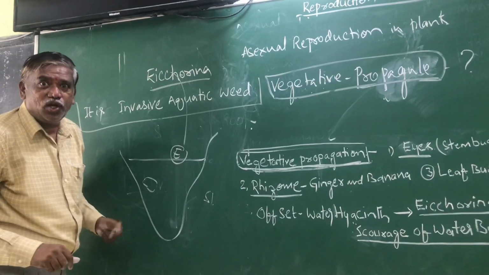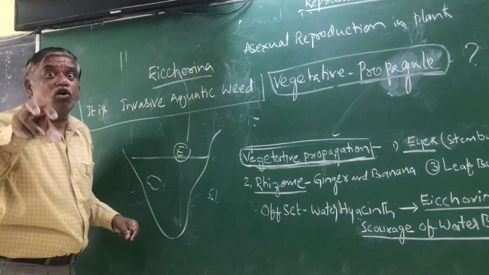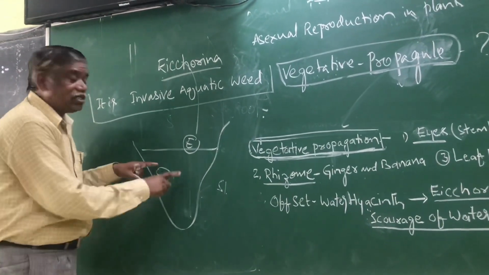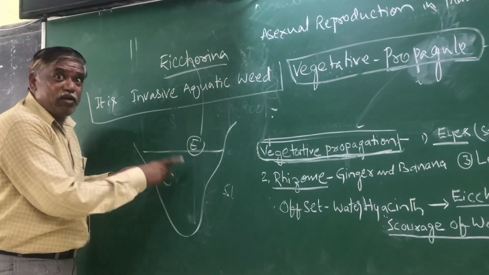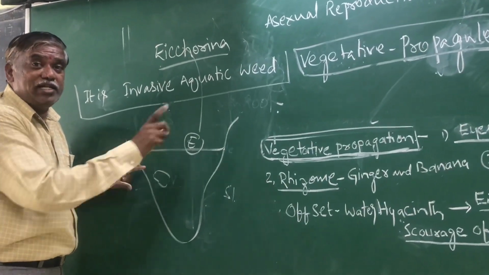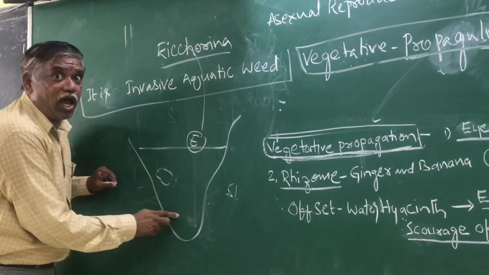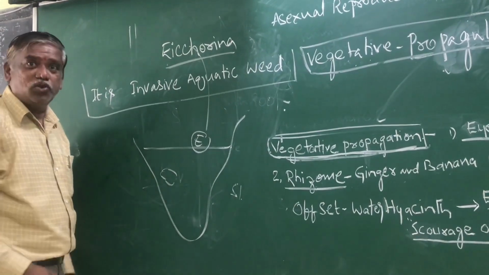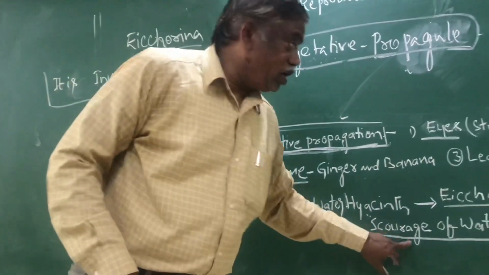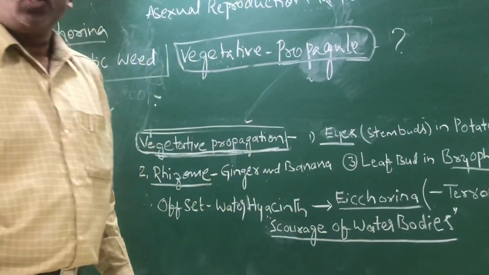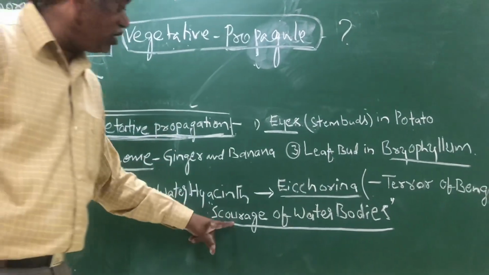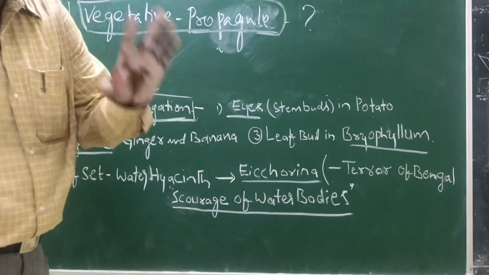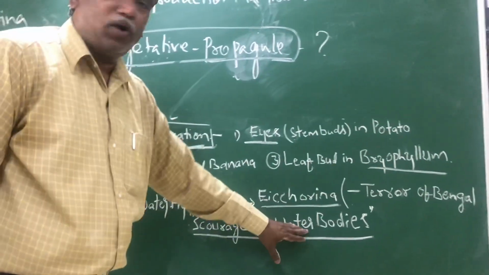Due to this, the dissolved oxygen content decreases day by day. This has a negative effect on other aquatic organisms like fishes and other plants. Due to this, it is called the scourge of water bodies. Scourge means a negative sense for the water bodies.